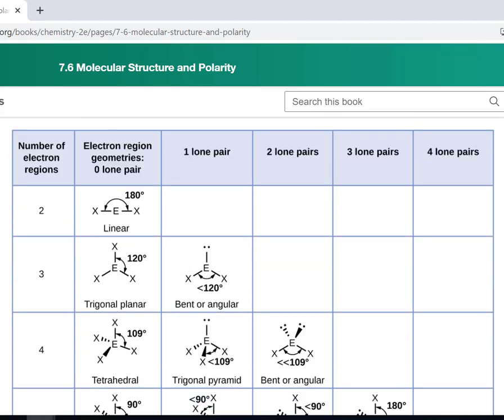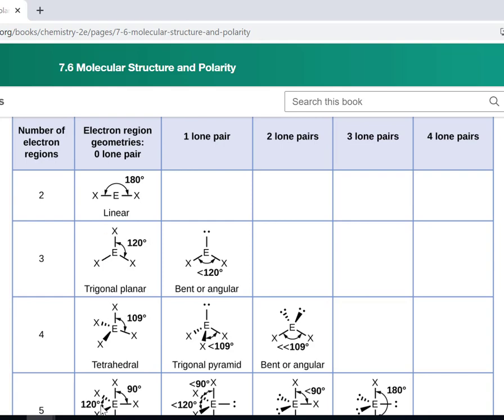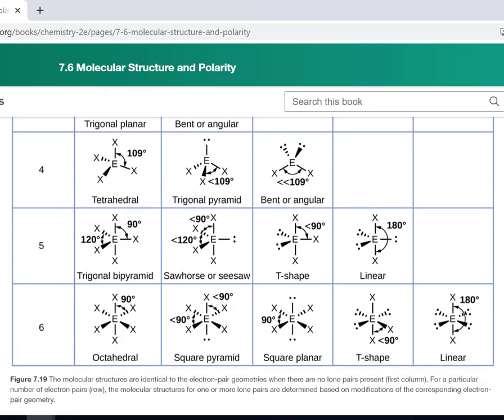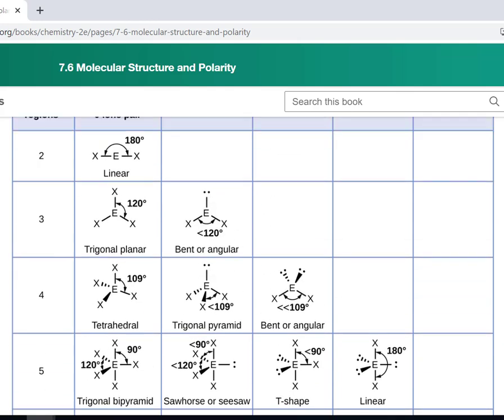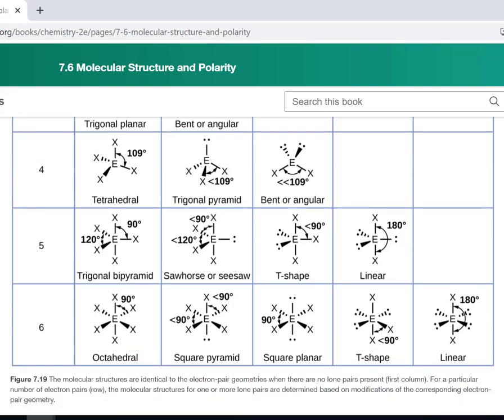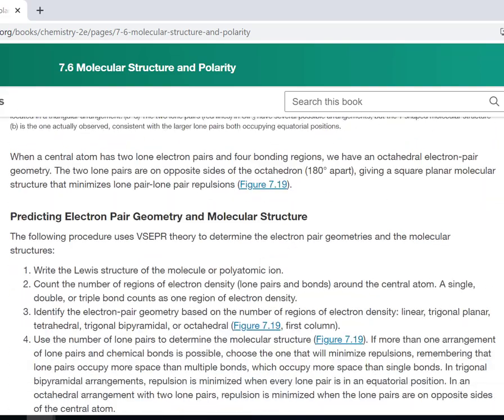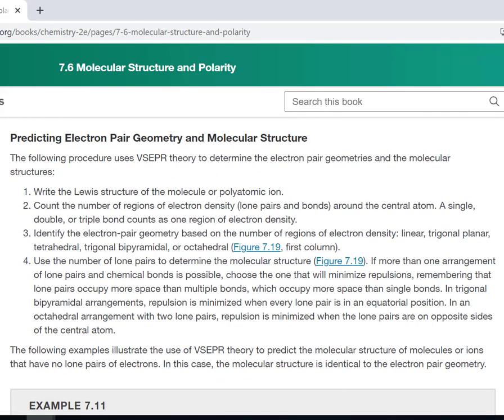So what you're basically doing here is you're looking at this as your answer for that. So what is the electron pair geometry? That will determine the angle of the bonds. Okay, will be determined by that. So that was step 3.